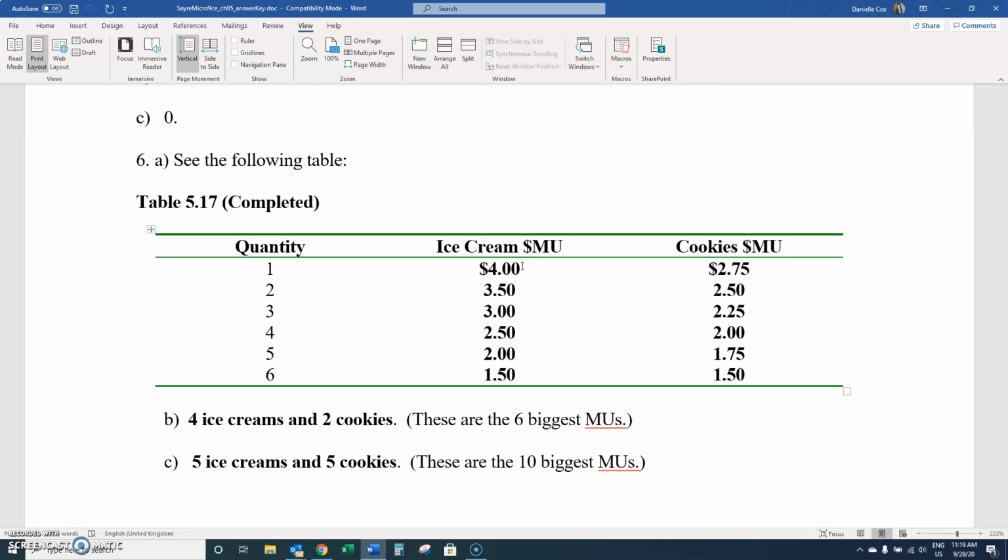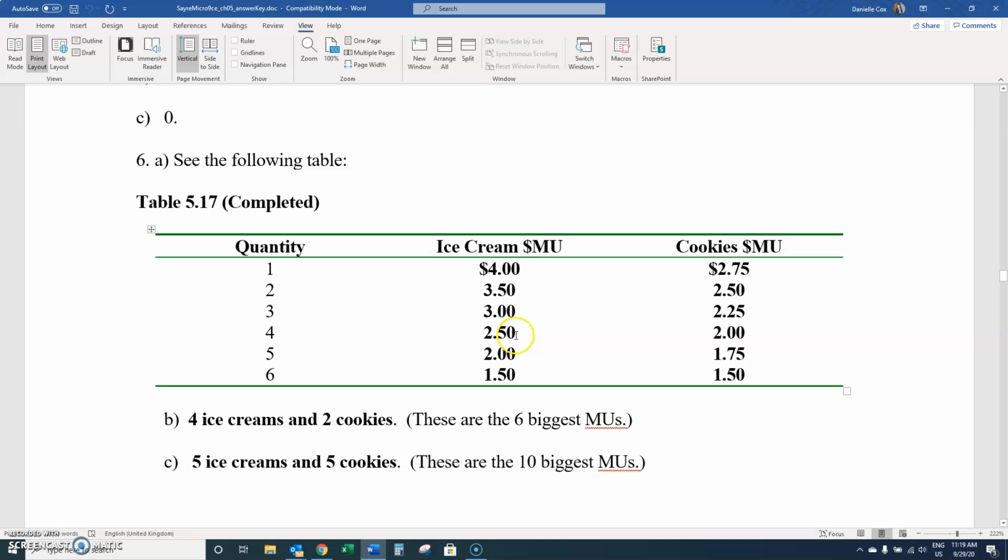Now we're comparing: should he buy a second ice cream at $3.50, or should he buy his first cookie at $2.75? $3.50 is still higher, so he's going to buy another ice cream. Then we're comparing $3 for his third ice cream to $2.75 for his first cookie. $3 is still higher, so he's going to buy another ice cream.